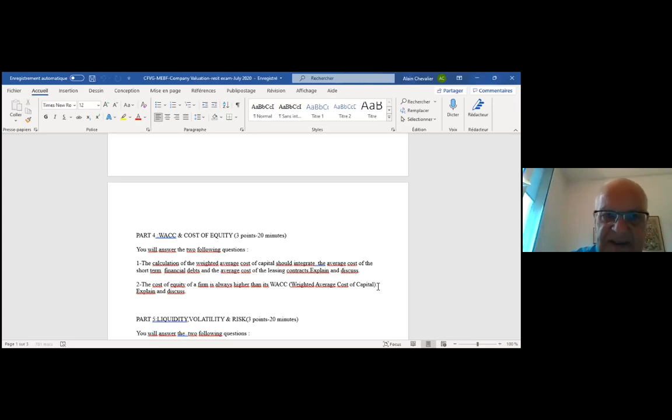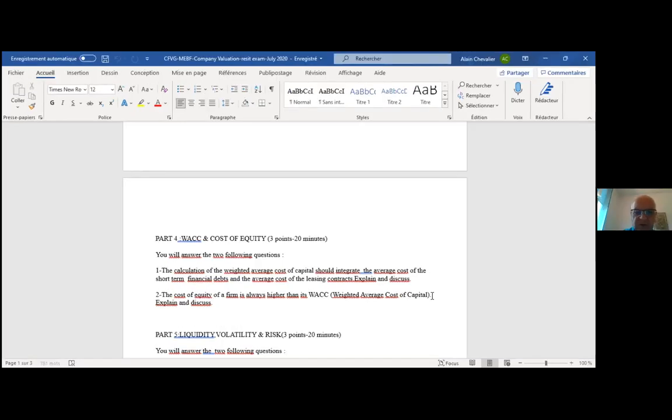That's what we said in the past session, in session 3. Why do we have a difference between the average cost of equity and the average cost of debt? It is because of one variable, which is the risk level.